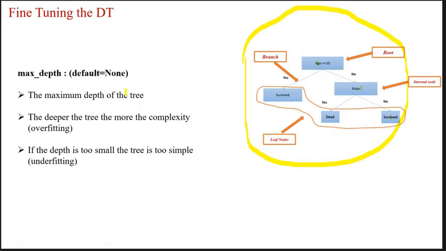So if you limit the maximum depth to, let's say, 2, it's going to stop over here. But if you change it to 3, it's going to split this node further. And so if you leave it to the default values, it's just gonna grow your tree as much as possible.